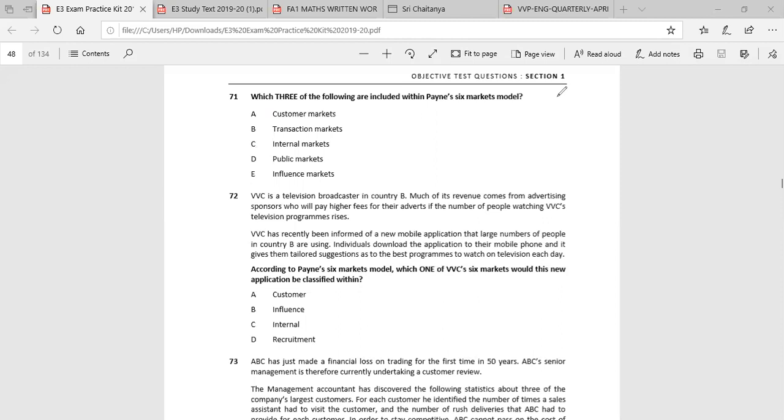VVC has recently been informed of a new mobile application that large numbers of people in country B are using. Individuals download the application to their mobile phone and it gives them tailored suggestions as to the best programs to watch on television each day. According to Penny's six markets model, which one of VVC's six markets would this new application be classified within?